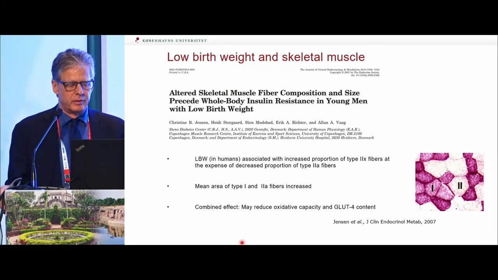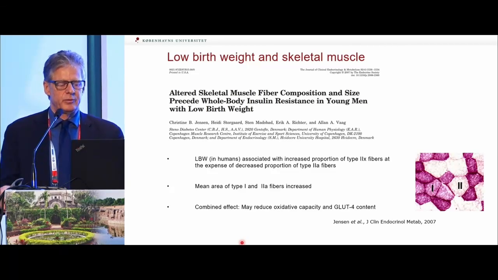But it also showed that the mean area of type 1 and type 2A fibers was increased, due to the adaptation. And the combined effect here was that this may reduce oxidative capacity and GLUT4 content from that study, going back almost 20 years.